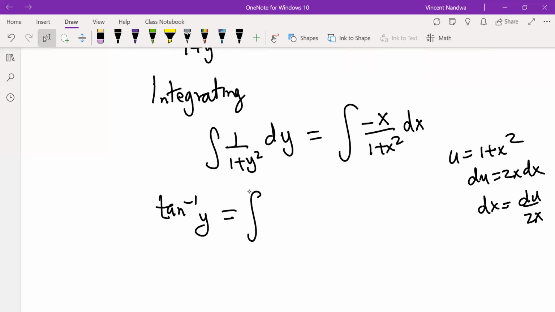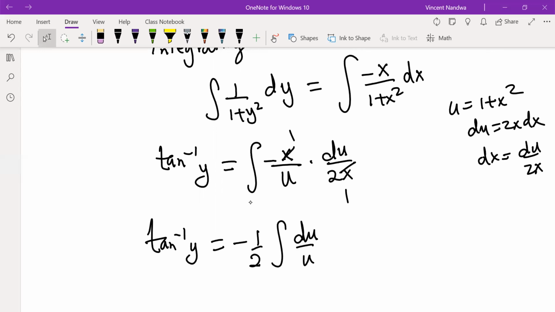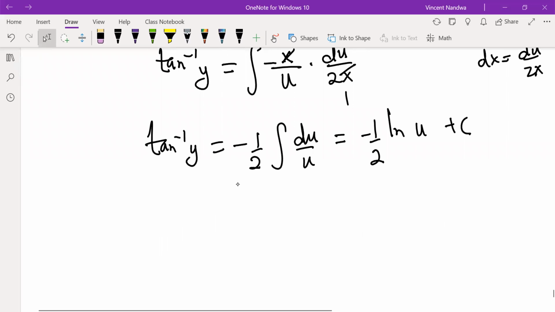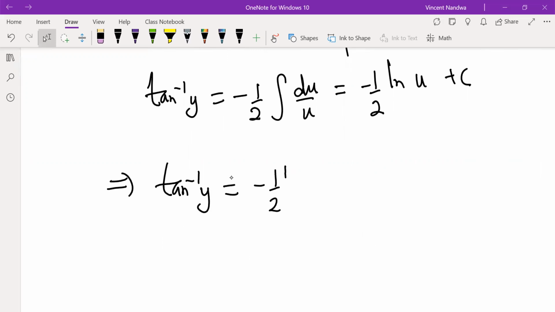So this is the integral of negative x over u times du over 2x. So x and x cancel out. So tan inverse of y equals negative a half the integral of du over u, which will be negative a half ln of u plus c, but u is 1 plus x squared. So tan inverse of y equals negative a half ln of (1 plus x squared) plus c.